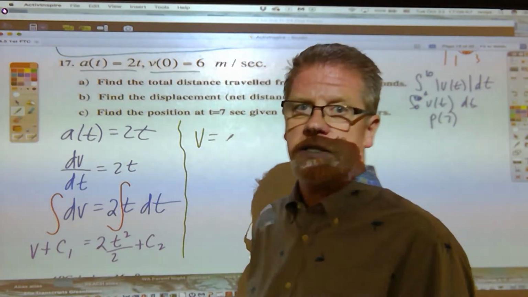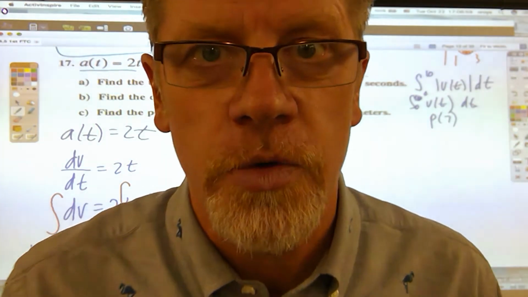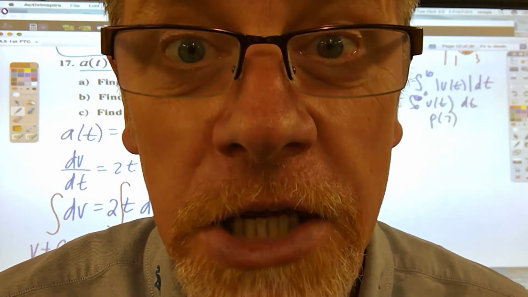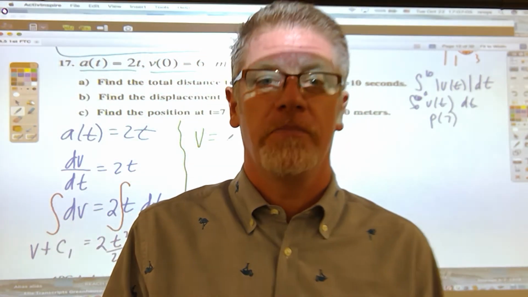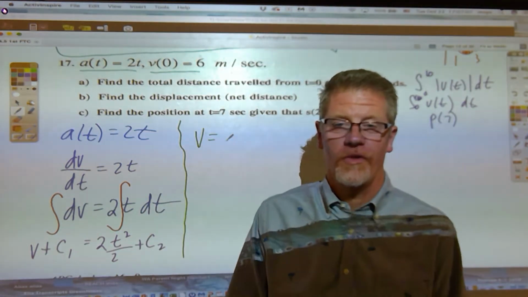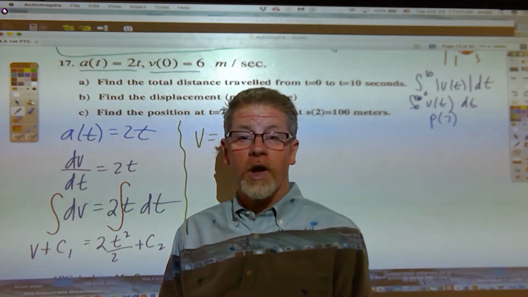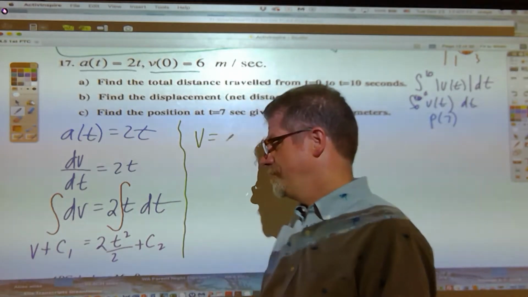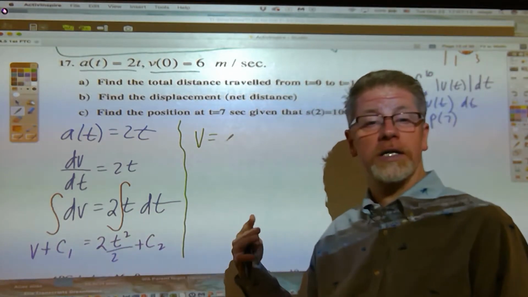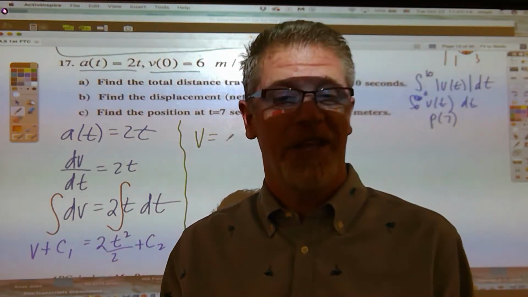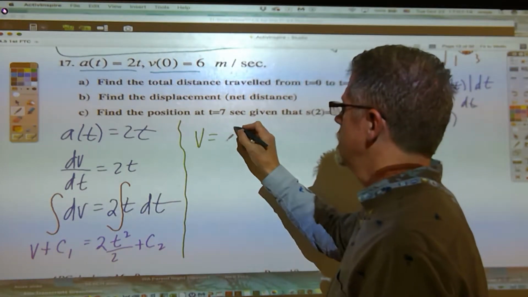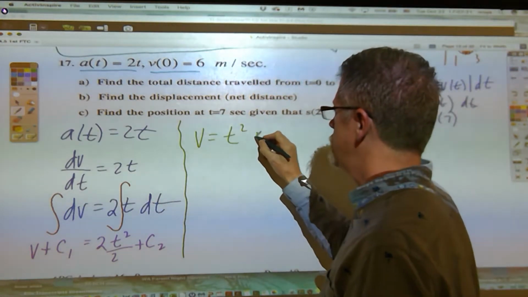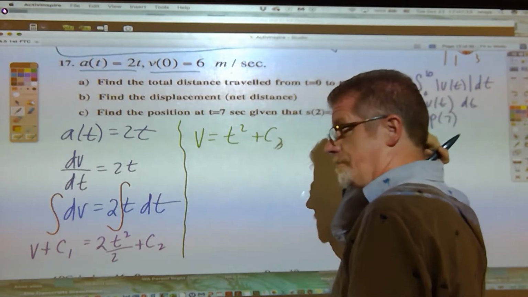SpongeBob is actually not an official mathematical word. It's an informal expression. So when you subtract c1 from c2, you get another constant, which we will just call c3. So v equals t squared plus a third constant, c3.